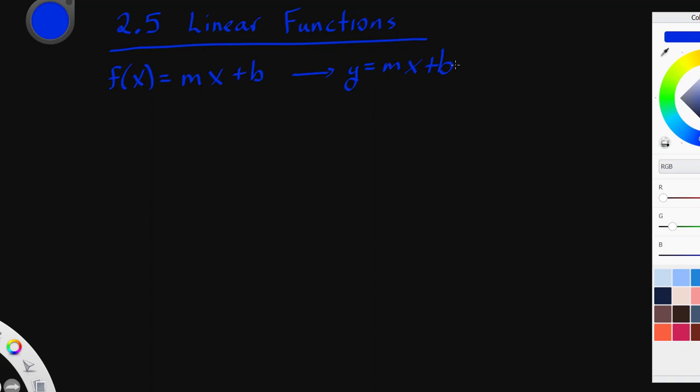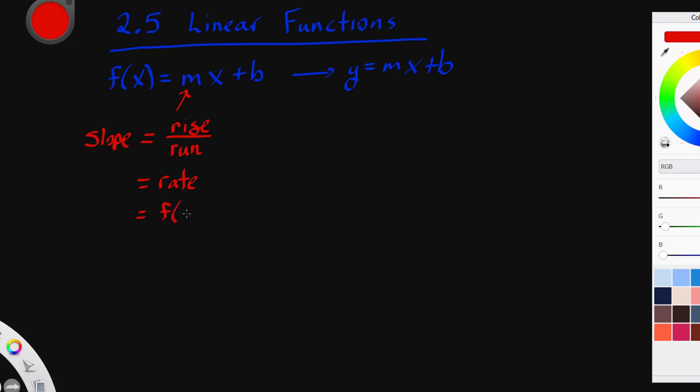Now, before we get started on finding these things, let's define a couple of the key variables. First, we're going to define what m is. m is the slope, which you might have heard as rise over run. This is also considered a rate, or you can name this as rate of change.